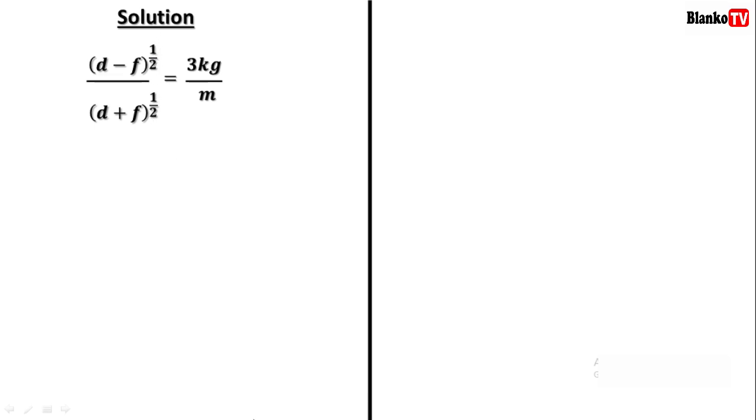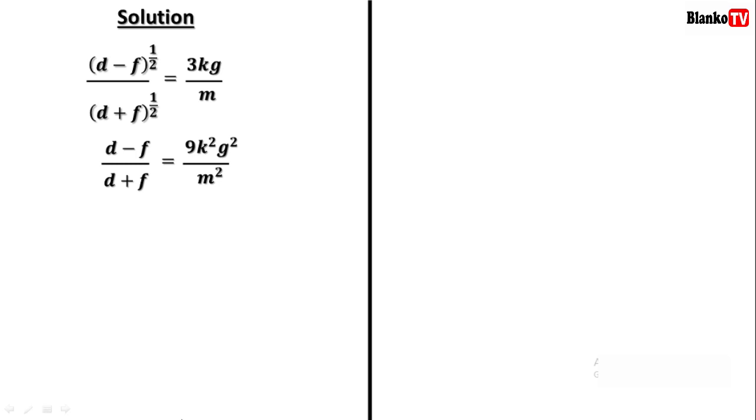When we do that, we get d minus f over d plus f equals 9k square g square over m square.